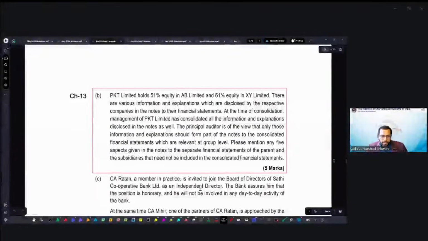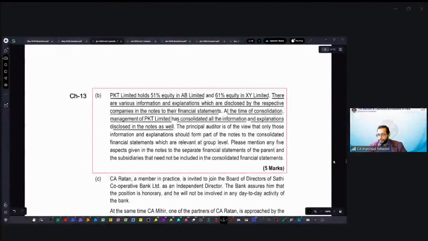PKT Limited holds 51% equity in AB Limited and 61% equity in XY Limited. There are various information and explanations which are disclosed by the respective company in notes to their financial statements. At the time of consolidation, management of PKT Limited has consolidated all the information and explanations disclosed in the notes as well.